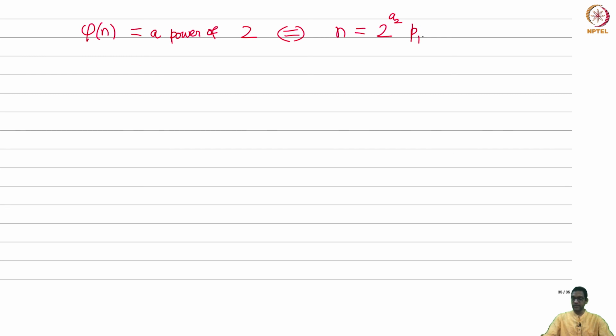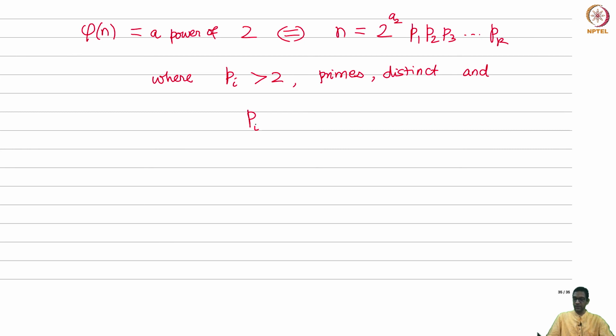So let me just say there are other primes P1, P2, P3, up to Pk, where the Pi are greater than 2, they are primes, they are all distinct, and they are very special primes. They are primes which have the following property, that Pi minus 1 is also a power of 2. So these are a very special type of prime, and this has a name.